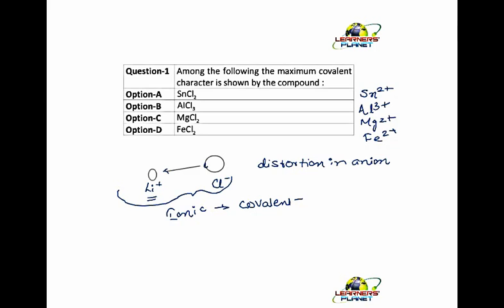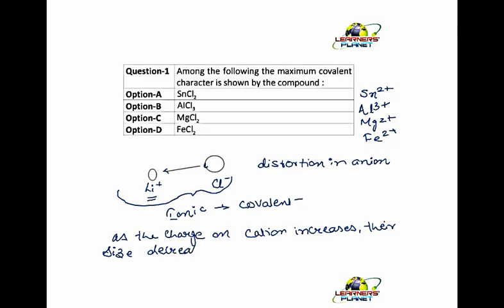As the charge on the ion or cation increases, its size decreases.